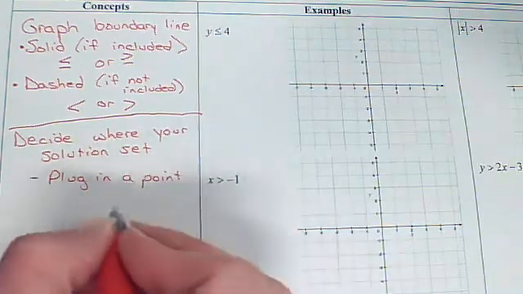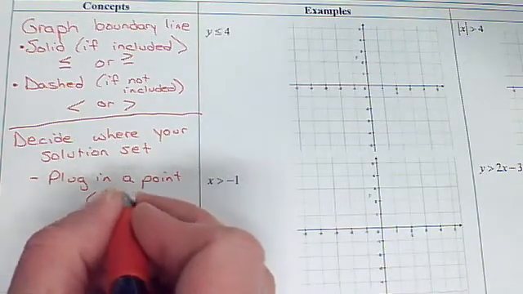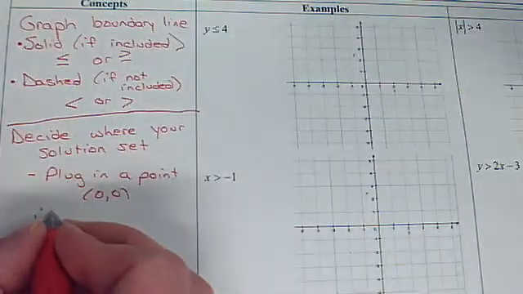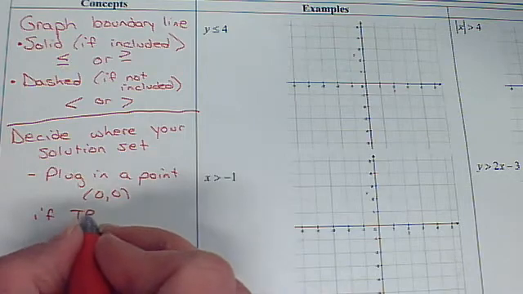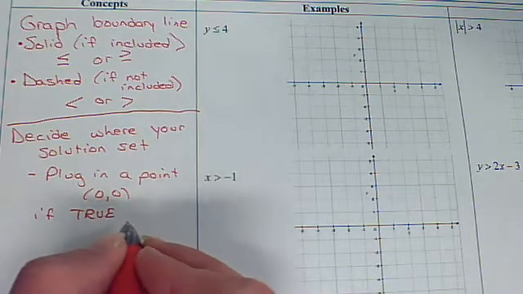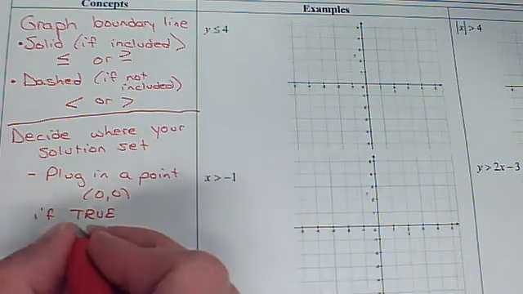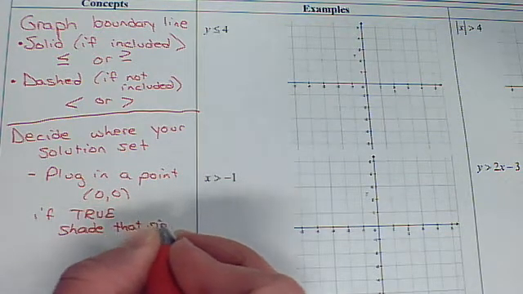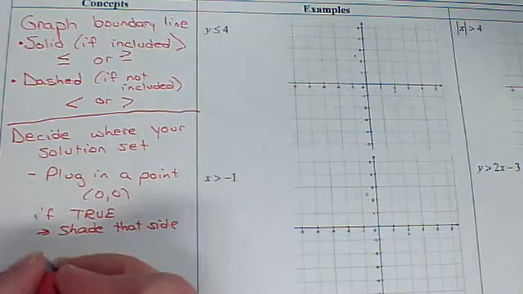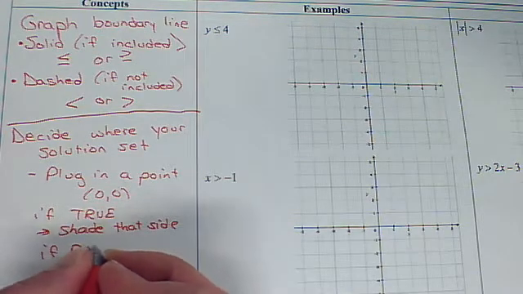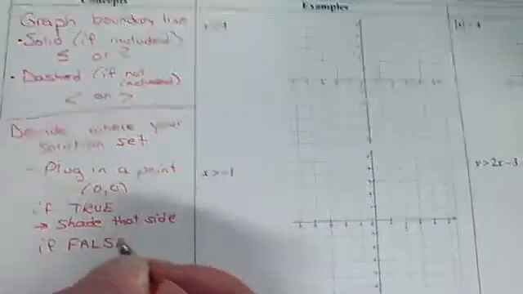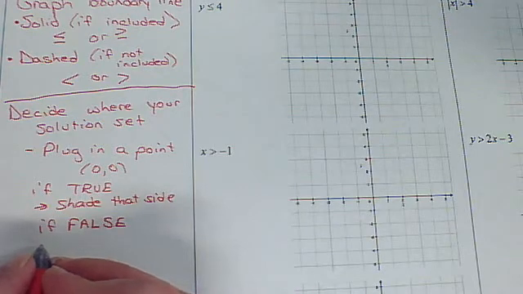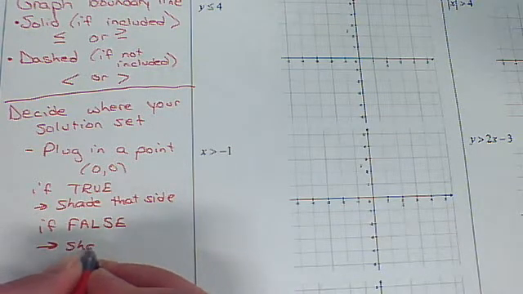But if you plug in a point, let's say 0, 0 usually works, and if it's true, that is in your solution set. Shade that side. If you get a false statement, that means that's not the side of that line that works. We're going to shade the other side.